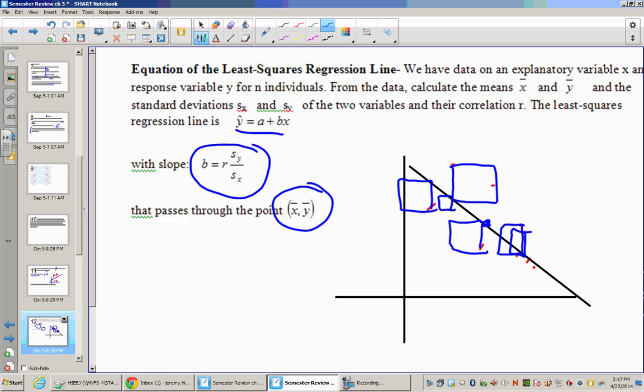So there's going to be some point in the middle that's the mean of the x and the mean of the y. So if you have a data set and you want to find one point that you know is on your least squares regression line, you can just take your mean of x and mean of y, and then you have a point that you know for sure. And if you have a point and you can figure out your slope, you can find the equation of your line.